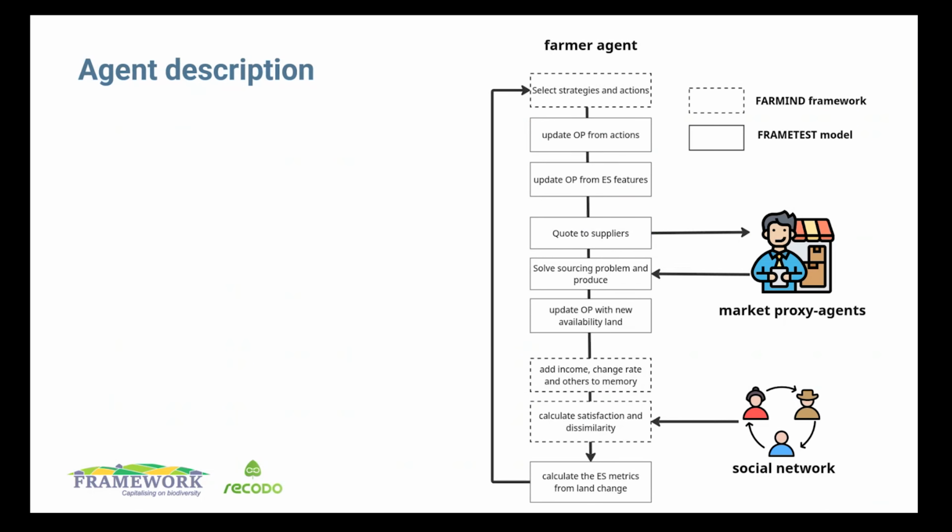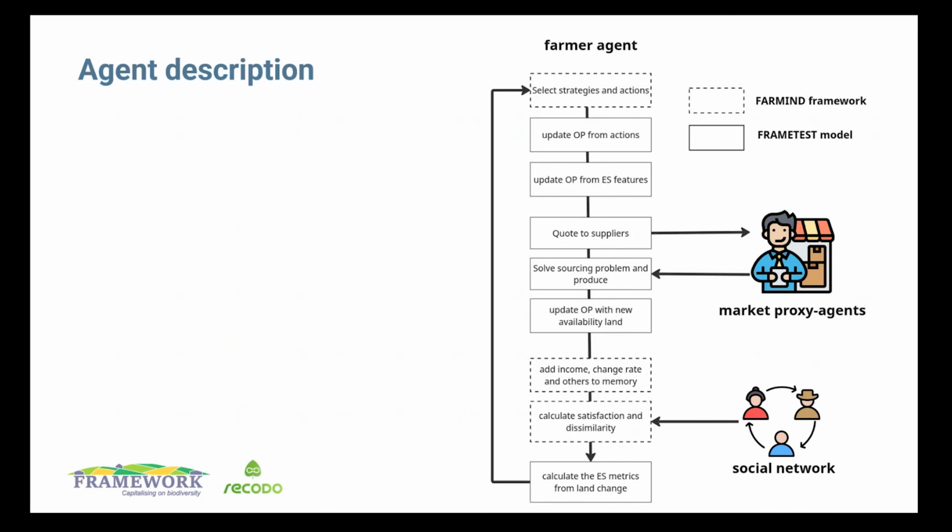Next one, please. So basically, the model consists of a group of farmers that operate on a normal basis, and they produce goods and sell them to a market. They do it every year during 12 years of simulation. And the sequence that you see here is basically the steps that each farmer is going to follow every year of simulation.